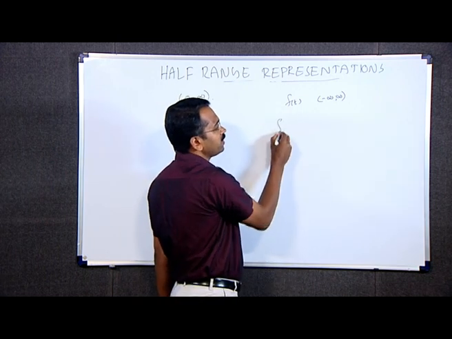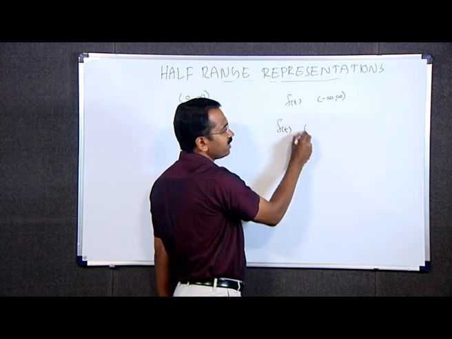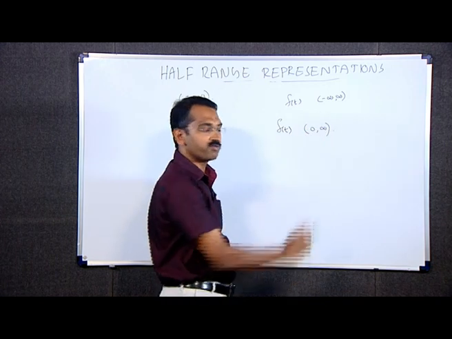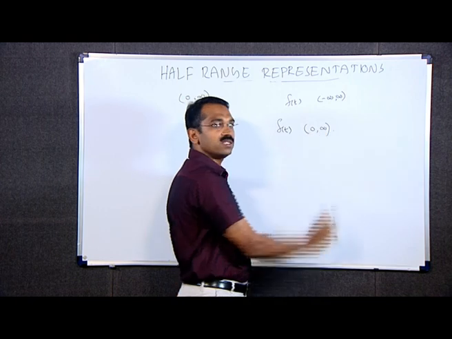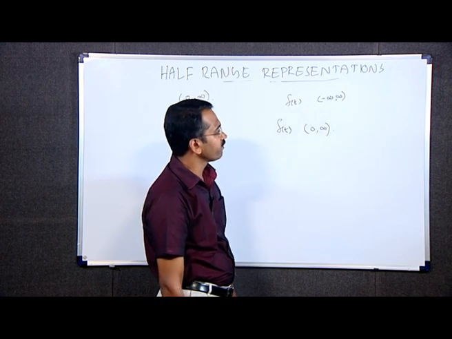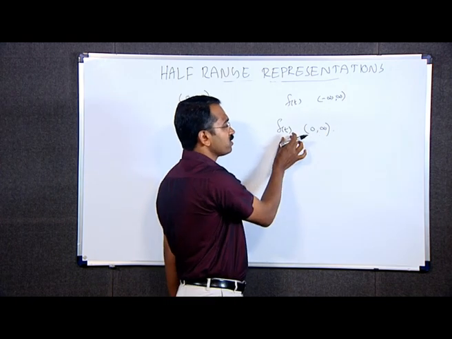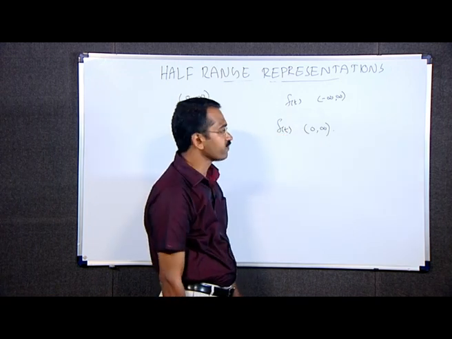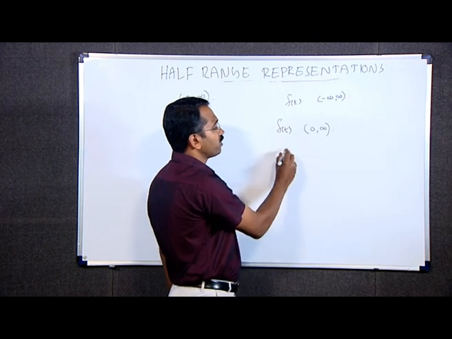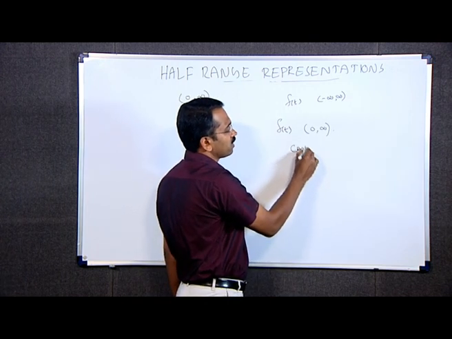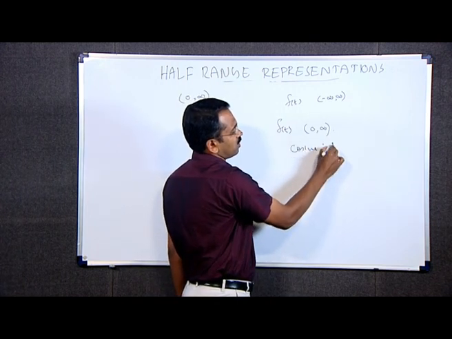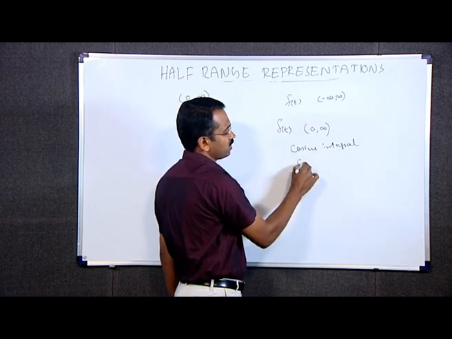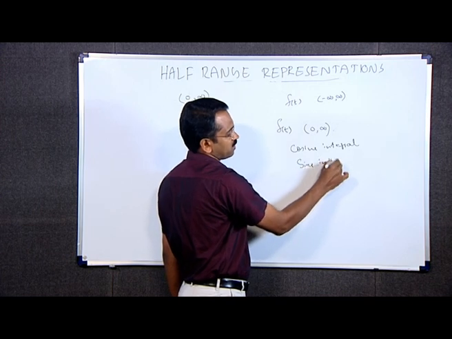But if f of t is defined in the half range interval 0 infinity, then we can find two integral representations for the function f of t. First one is the Fourier cosine integral representation, and the second one is the Fourier sine integral representation.